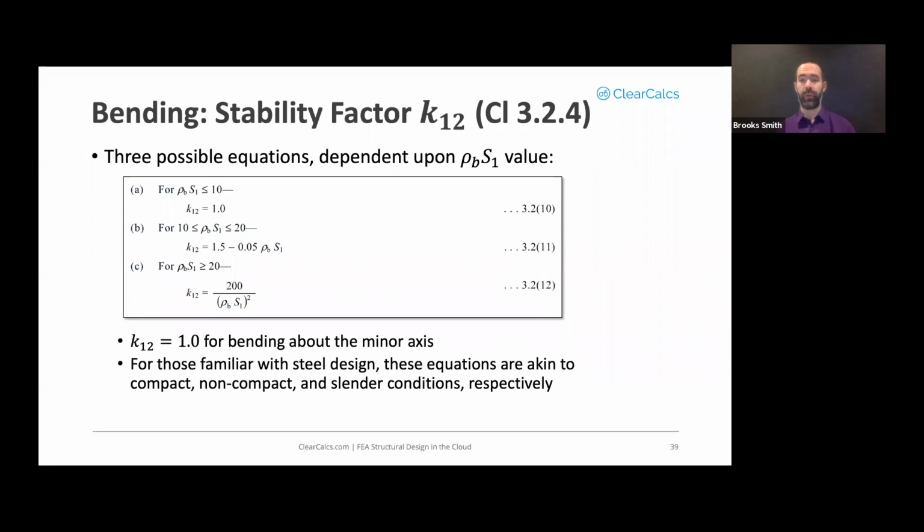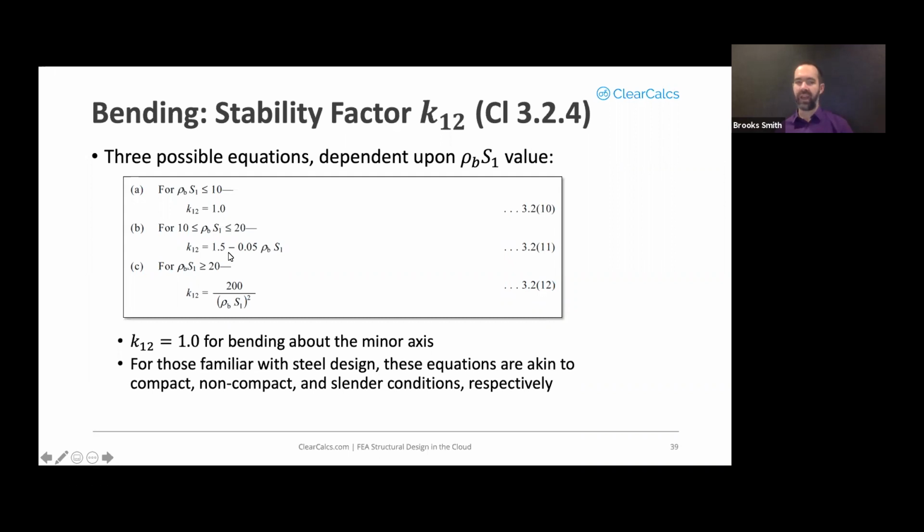So that will give you your rho sub B and your S1 or S2 values. And with those, you can calculate K12. There are three possible equations given in the standard based upon the product of rho sub b and S sub 1, based upon your material constant and your slenderness. So if that product is less than 10, then K12 is equal to 1.0, flat out.